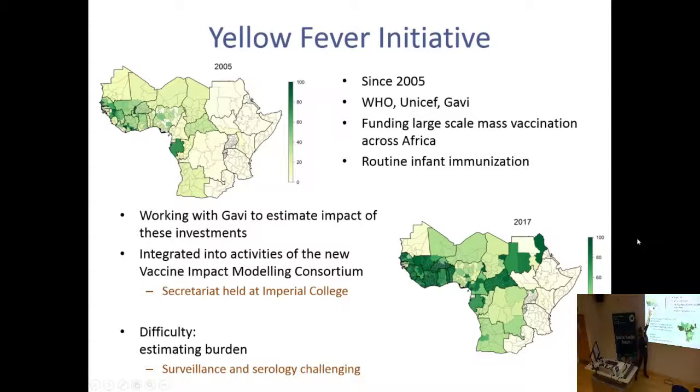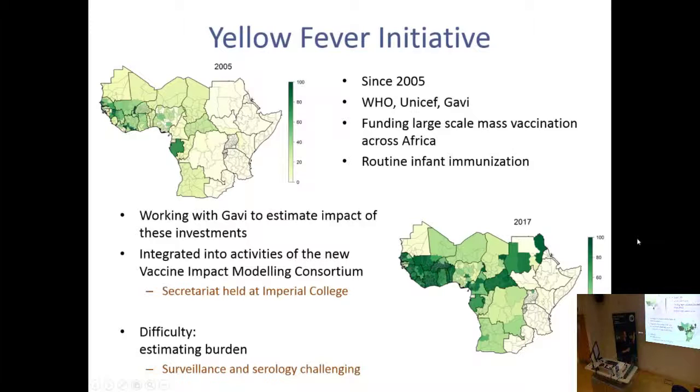Here it's very patchy, and that coverage came from outbreak response campaigns. Whenever there was an outbreak, they'd go in and locally vaccinate, but they didn't typically do a very organized, larger scale approach of vaccination.